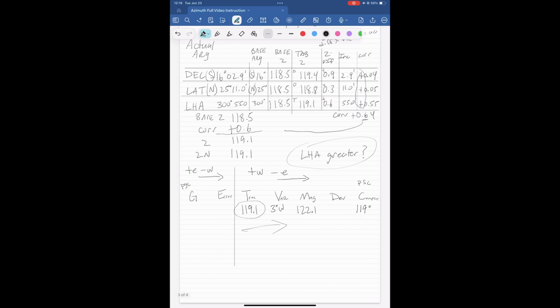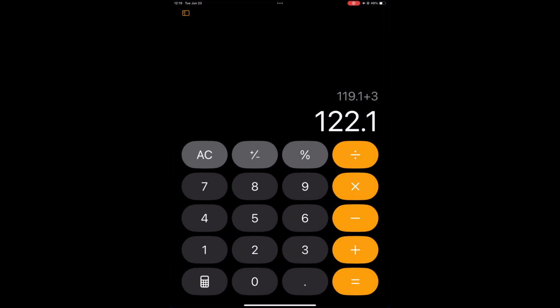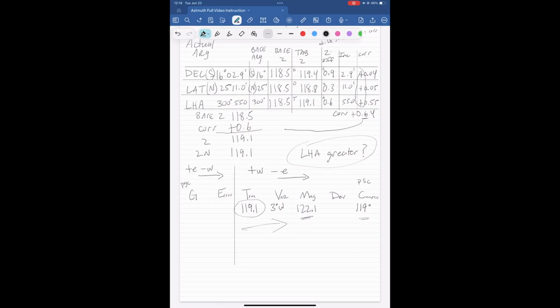Now, deviation. This is going from here to here. Obviously, it has to be subtracted. So 122.1 minus 119 is going to give me my deviation. My deviation is 3.1. And since it's negative, it's going to be east, because it was a negative number to get from here to here.